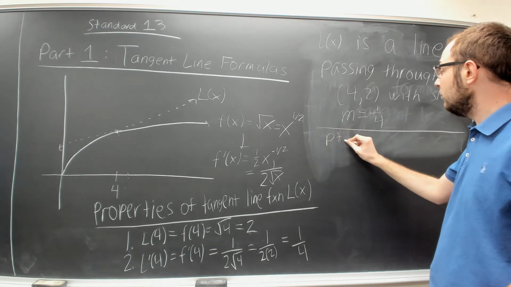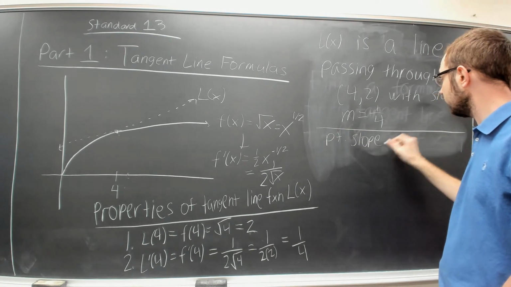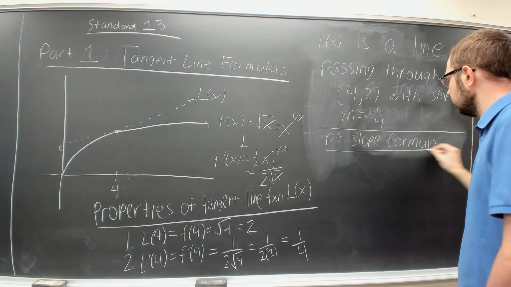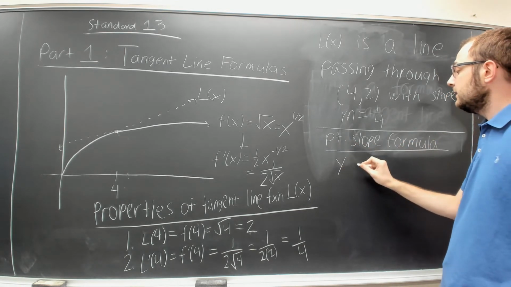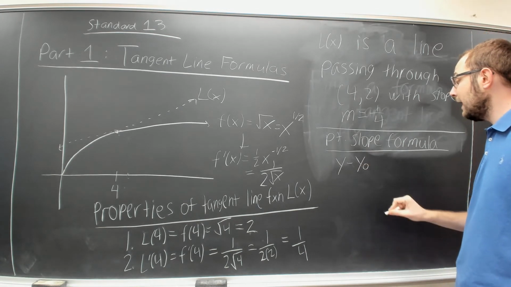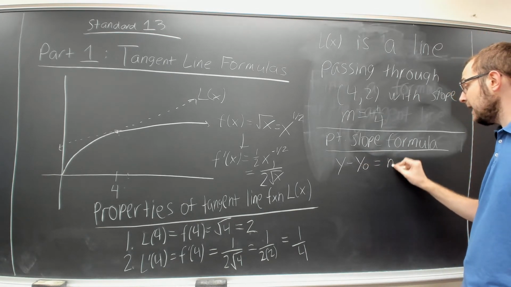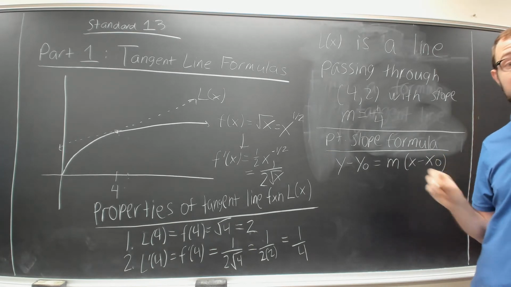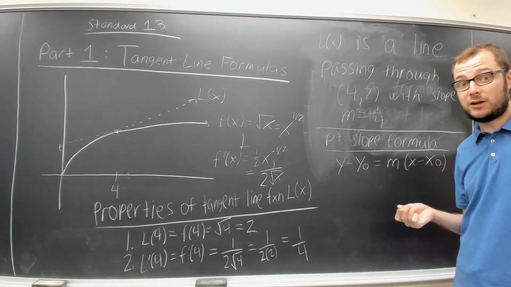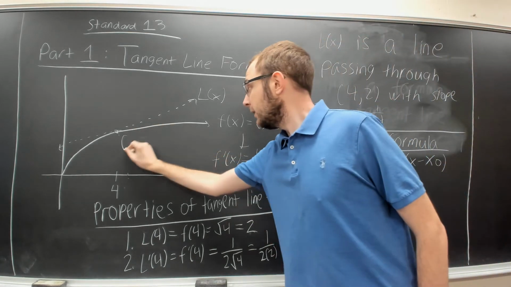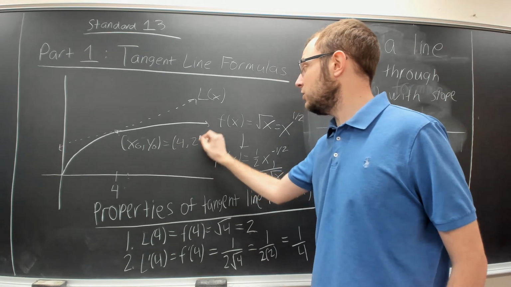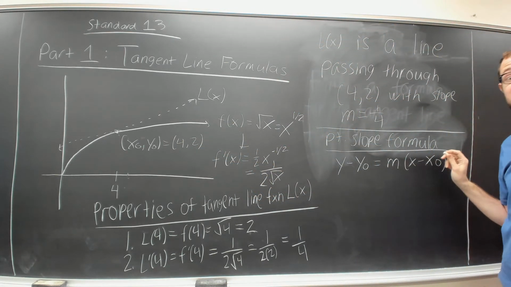So our point-slope formula tells us that a line has to have formula y minus y naught equals m times x minus x naught, if (x naught, y naught) is a point on our graph. So here (x naught, y naught) is going to be the point (4, 2), and m is the slope.